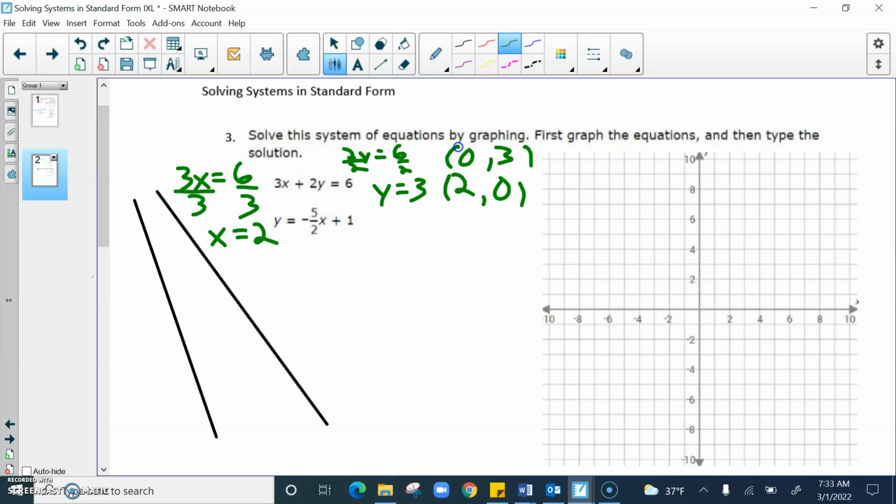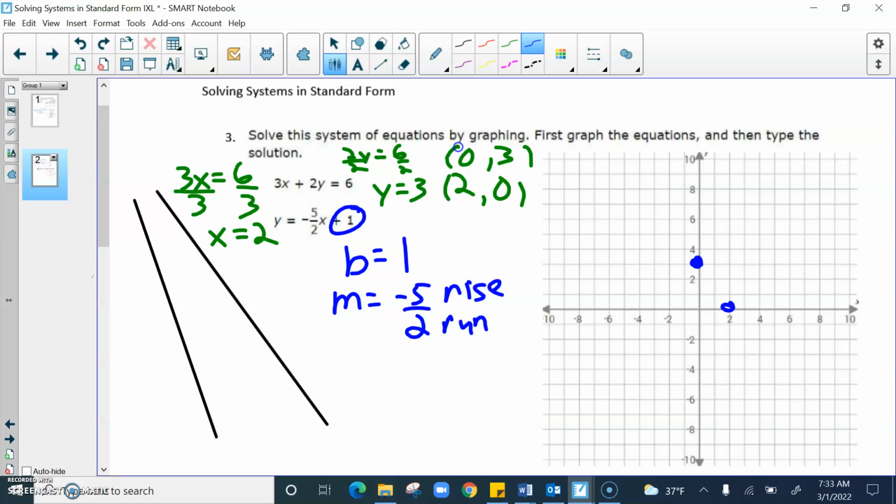Now, the next one is in slope-intercept form. So my b equals 1. My m is negative 5 over 2. So that's my rise, that's my run. So let's plot these lines. My first one's at (0, 3). The next one's at (2, 0).